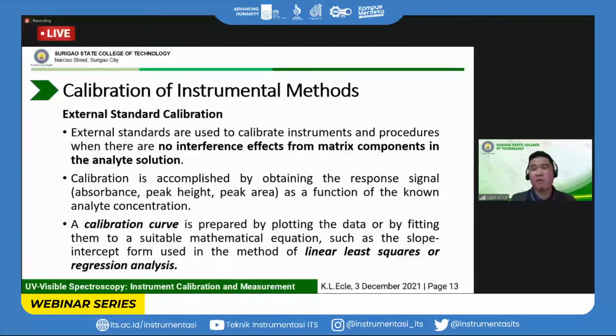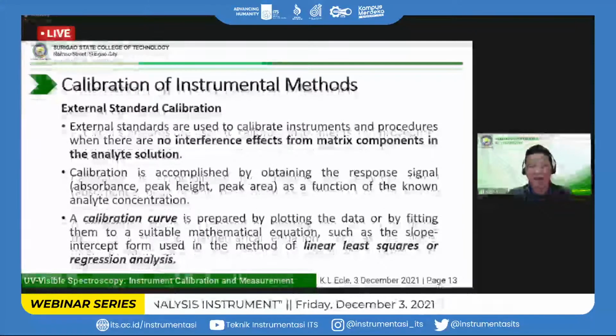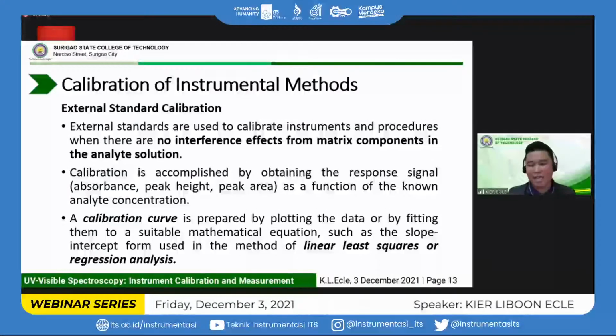If the regression data, or the coefficient of determination, is less than 0.999, then there are errors that probably occurred during the calibration.